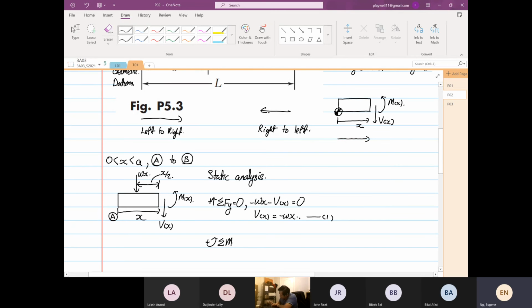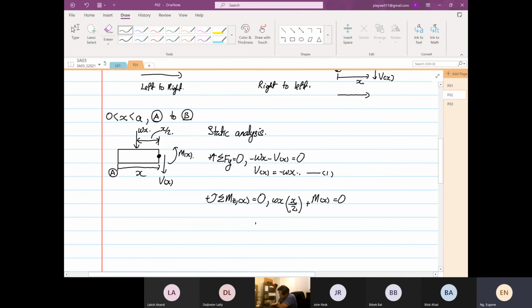And then we take the moment next, about a point at a certain distance x. We are taking the moment where I'm drawing the dot now, where you see the dot. Over here, you form your moment equation. The omega x is going anti-clockwise, so it's positive: omega x multiplied by x divided by 2, plus M as a function of x is equal to 0.